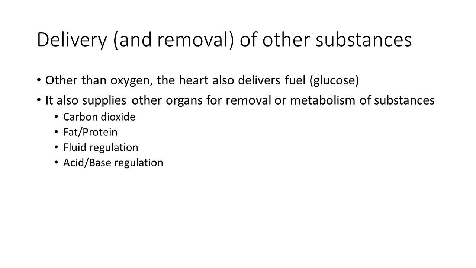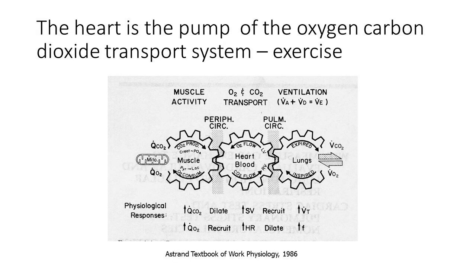But there's more. It's not just oxygen you need the circulatory system for. You need to deliver fuel, glucose, and you need to get the blood to supply the other organs for removal or metabolism of substrates. So there's carbon dioxide. We need to remove it. We have to metabolize fat and protein, lipids, and we have fluid regulation. We have acid-base regulation. We have a complex system of carbon dioxide transport.